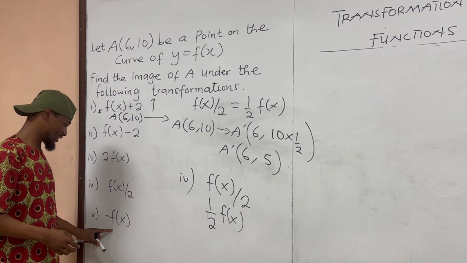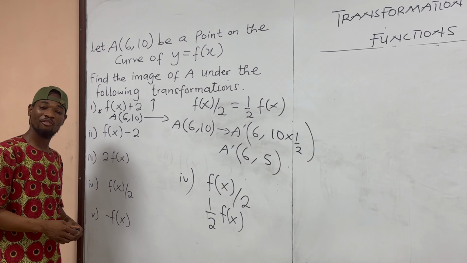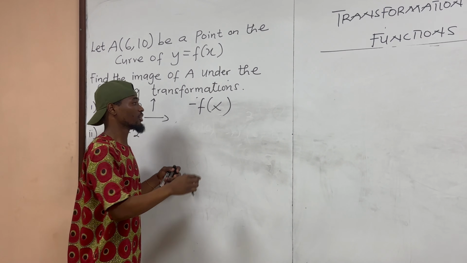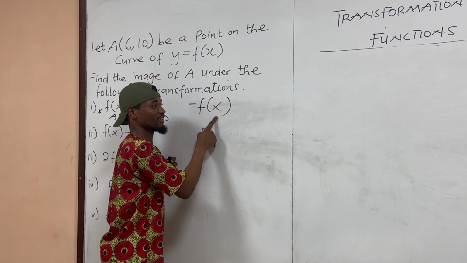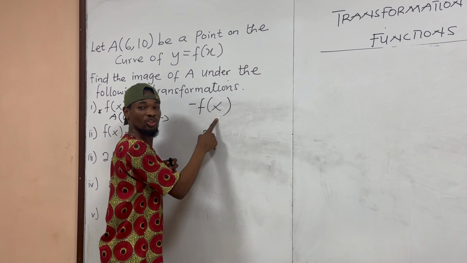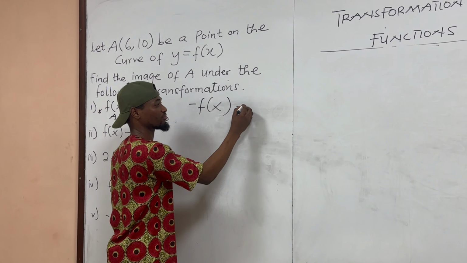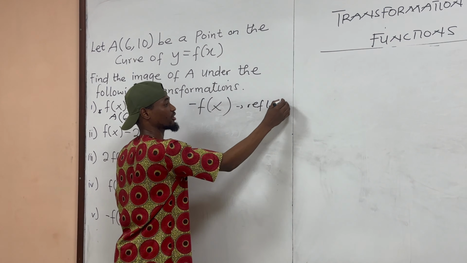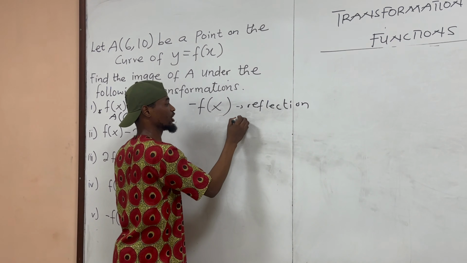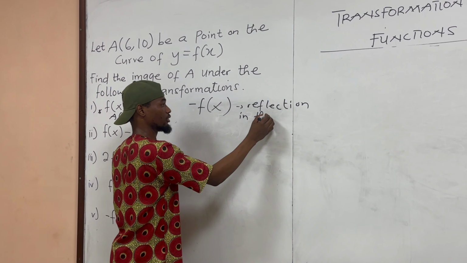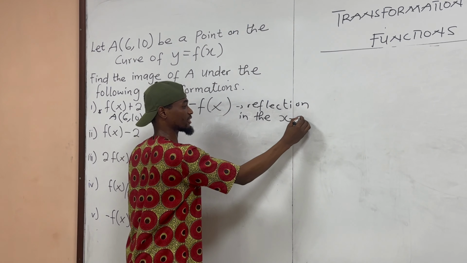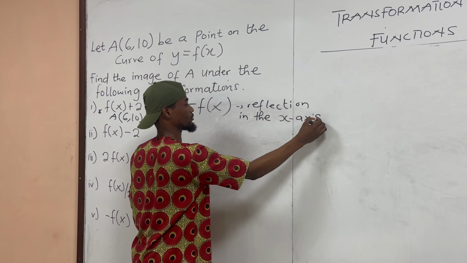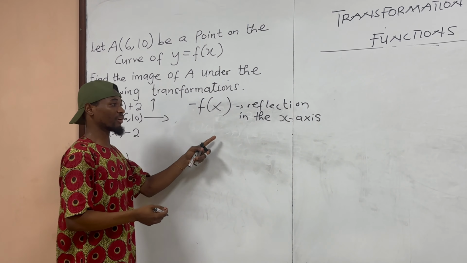And the last question is negative f of x. Viewers, here we are not negating the x. So this one is reflection. This is reflection in the x-axis.